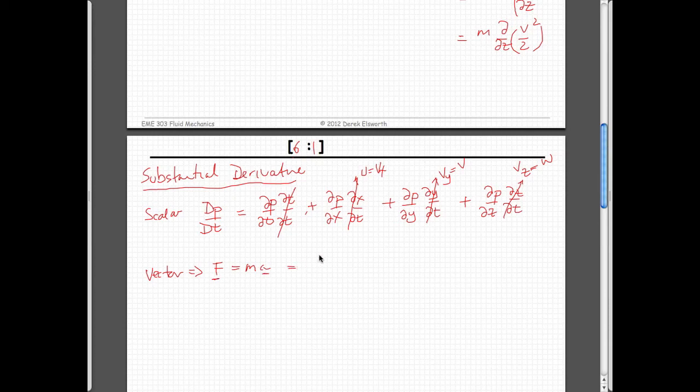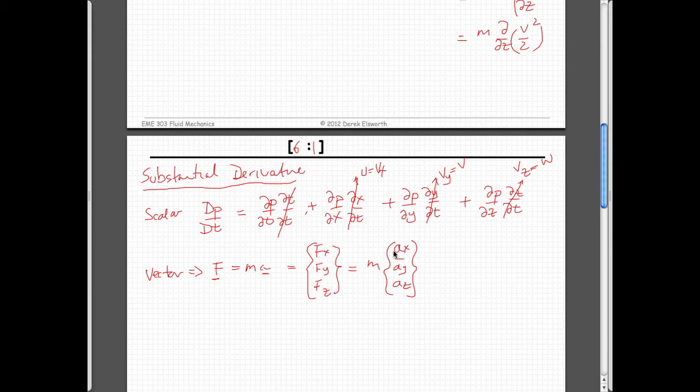So we could also write this out as the force in the x direction, force in the y direction, force in the z direction is equal to mass times the acceleration in x, y, and z. Because we have to resolve in those three different locations. So this is just a way of writing this.